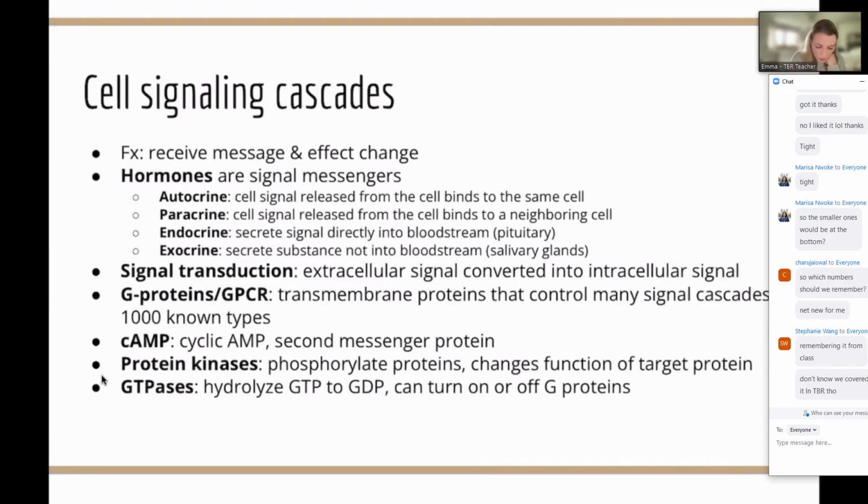That step is called determination, which is a really important word to know. And then after determination, after this cell is told you are going to be X type of cell, we obviously need to modify what's in the cell or on the surface of the cell to make sure that cell is actually ready to do that job. That is called differentiation.